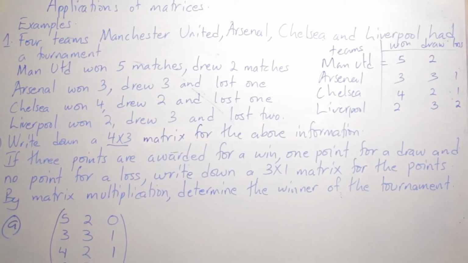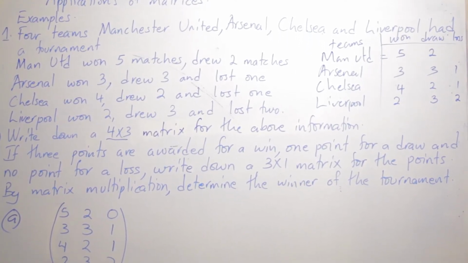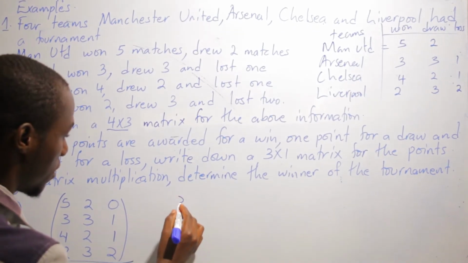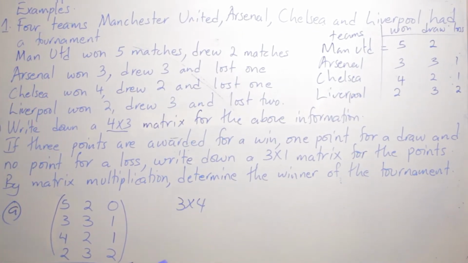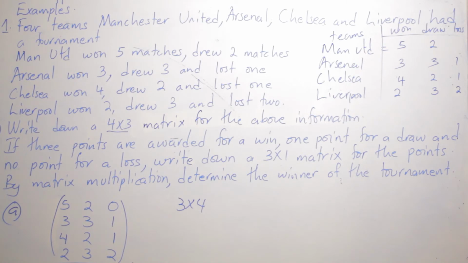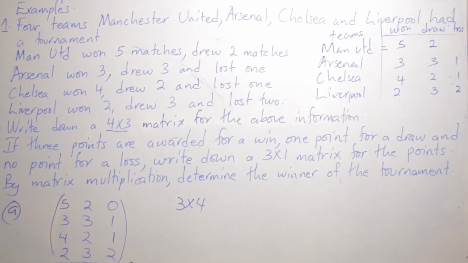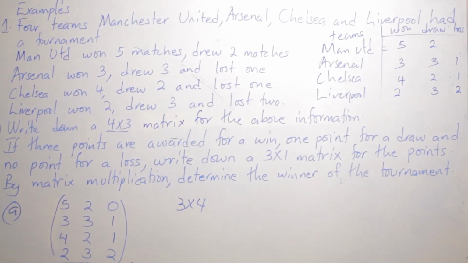Now students make a mistake, they ask for a 4x3 matrix, that student writes a 3x4 matrix. So we talked about the order of matrices in lesson 1 of matrices. So you can go back and check them out if you have forgotten anything concerning the order.